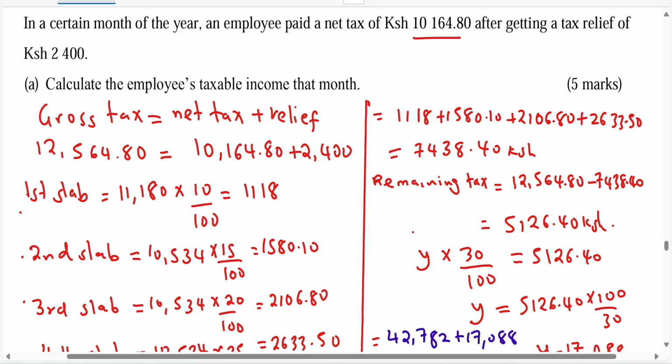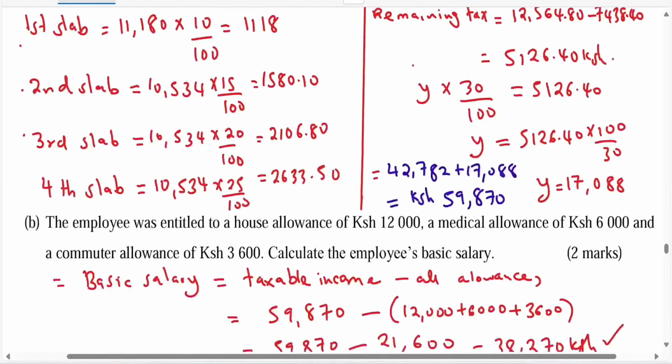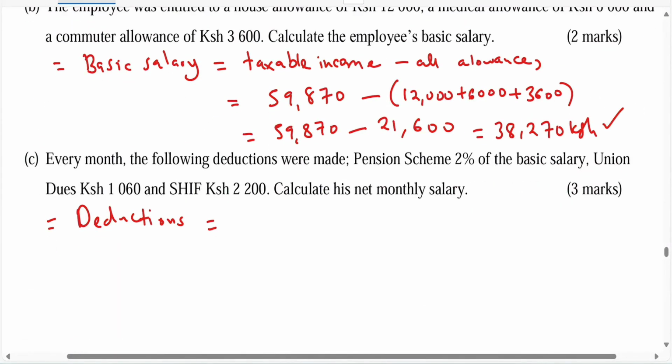So deductions ni gani? Deduction ya kwanza ni ile net tax, kwa sababu atalipa tax ambao ni 10,164.8. Usichukue gross tax, utachukua net tax. 10,164.8, add it to our pension scheme which is 2% of the basic salary ambao ni 38,270 plus our union dues, which is 1060, plus the SHIF, or social health insurance fund, something like that, plus 2200.